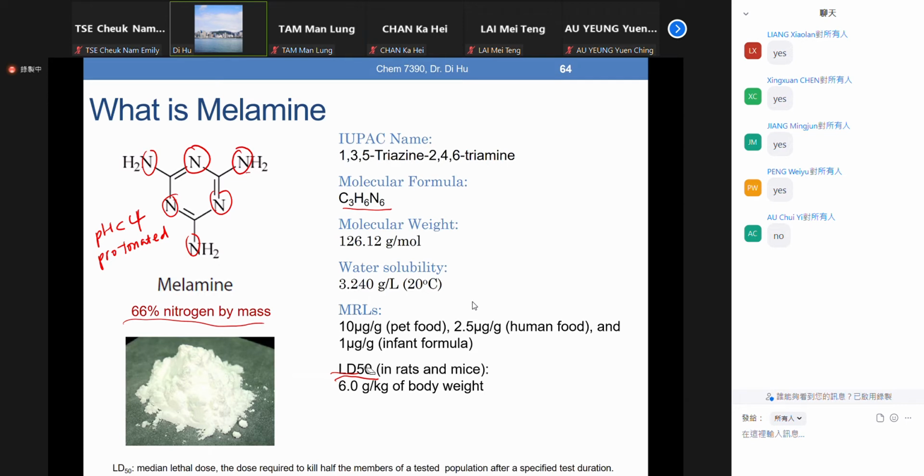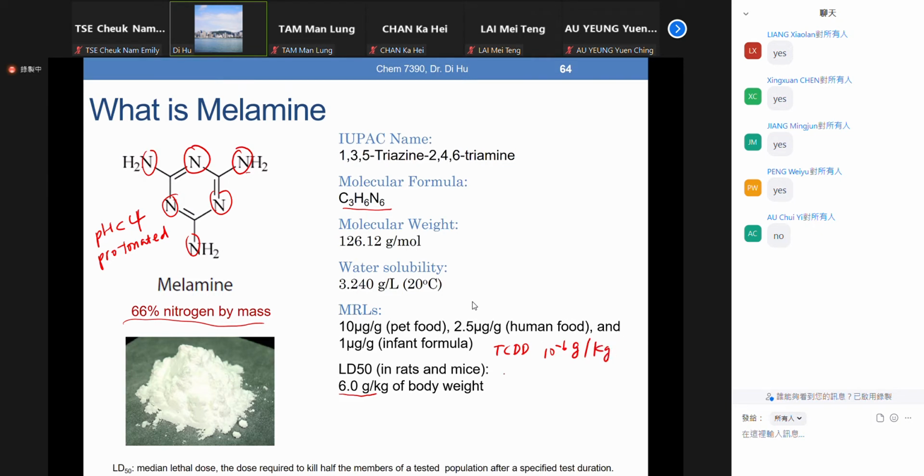For melamine itself, it's just 6 grams per kilogram of body weight. Is that really toxic? Let me give you some reference. You know TCDD, right? This is a very toxic dioxin, the most toxic one. Its LD50 is 10 to the minus 6 grams per kg.